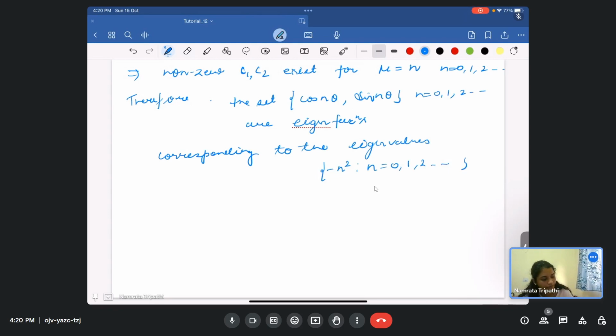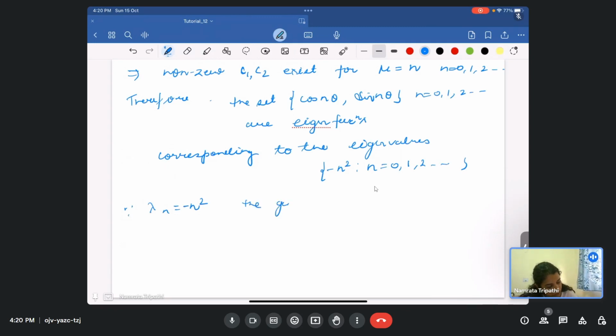Fine. Now using lambda equal to minus n square, we have to solve for another problem.